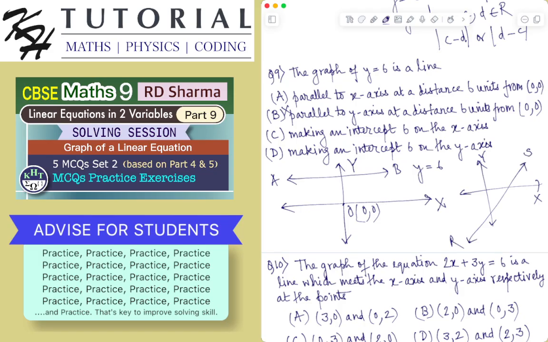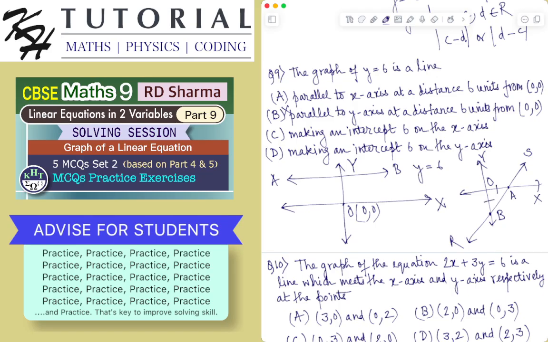Let's say it intersects the x-axis at the point A, and this is the origin O. It intersects the x-axis at the point A and the y-axis at the point B. We say that the line RS is making an intercept of length OA towards the positive side of the x-axis, and in this figure, it is making an intercept of length OB towards the negative side of the y-axis. So these are the two intercepts.